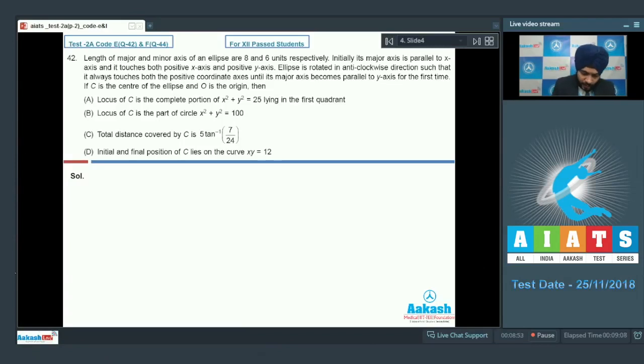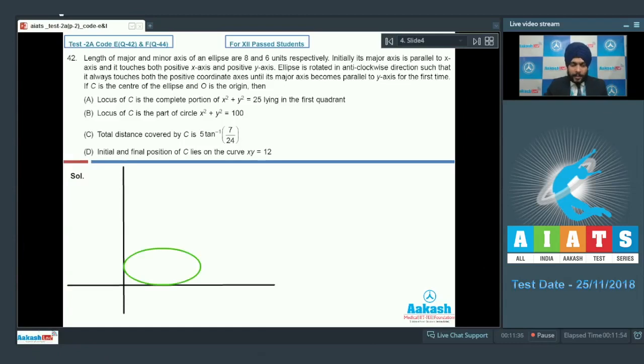A very interesting question where an ellipse touching both the coordinate axes is being rotated in the anti-clockwise direction. Initially the ellipse is lying horizontal, something like this, and finally after rotation it is lying vertical, something like this. So this is the x-axis, this is the y-axis.